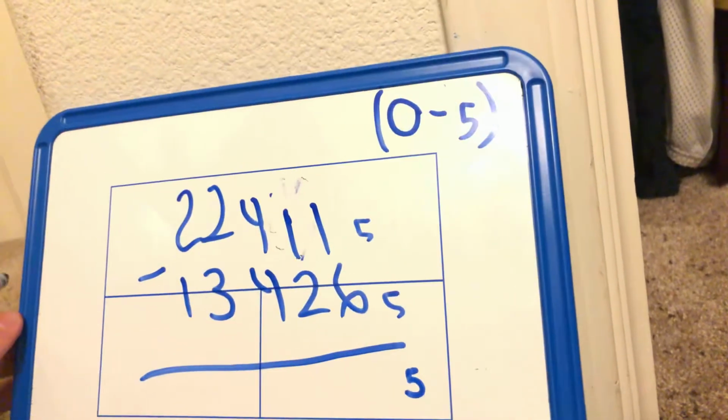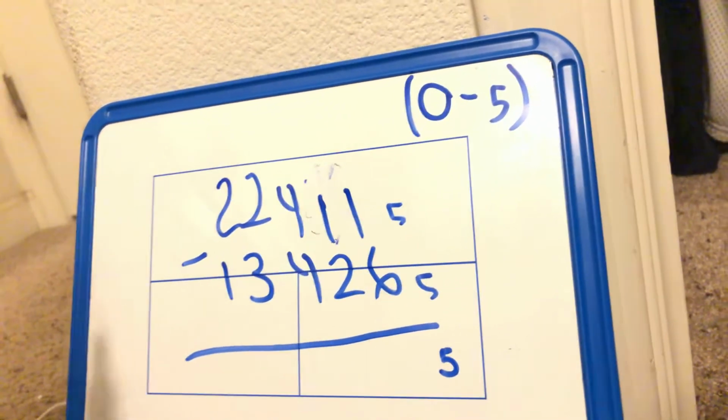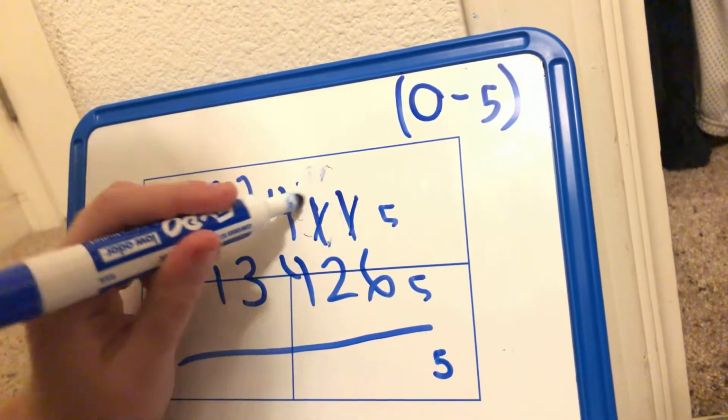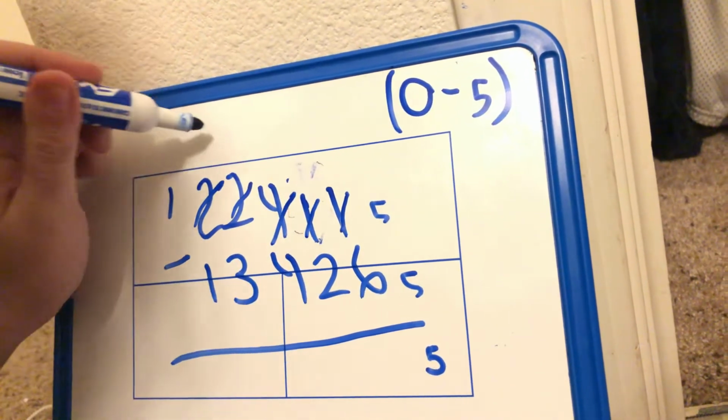I've already noticed that 1 minus 6 won't work because there's no negative numbers, so we have to borrow, but we can't borrow from a 1, so we've got to borrow from our big number 4. Our 4 borrows from our 2 and our other 2, so we're left with 1, 1.